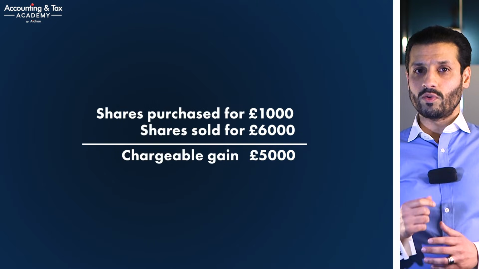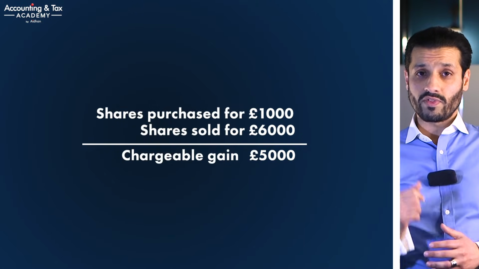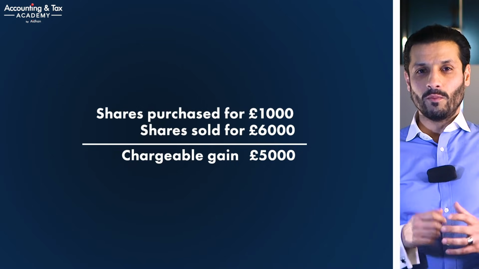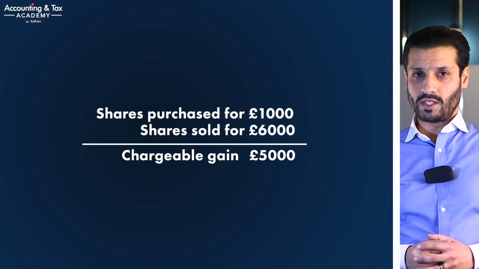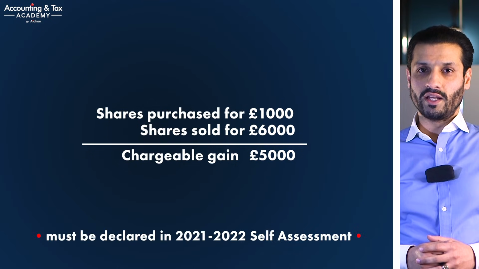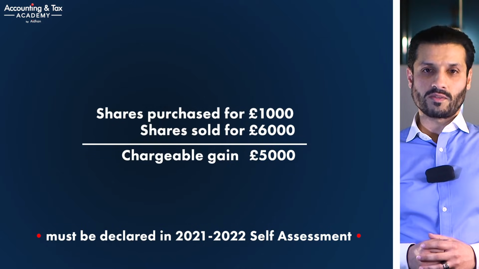Remember, it is not the full £6,000 that is subject to capital gains tax, only the gain, so £5,000 in this case. Now, because the chargeable asset was disposed on the 30th of June 2021, it has to be declared and reported in the 2021-22 tax year self-assessment return.